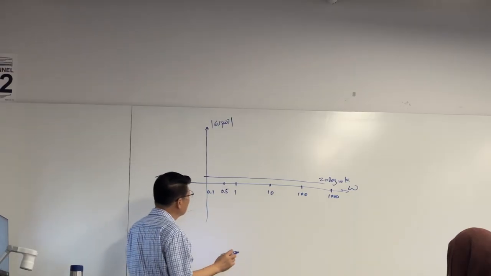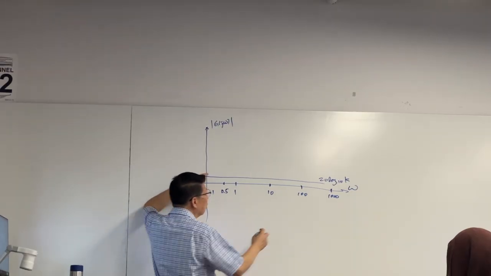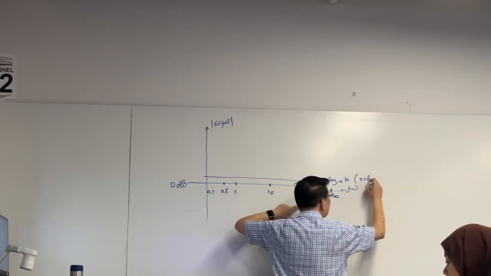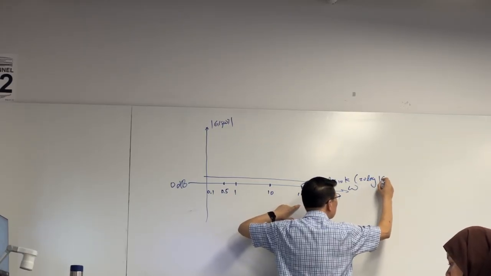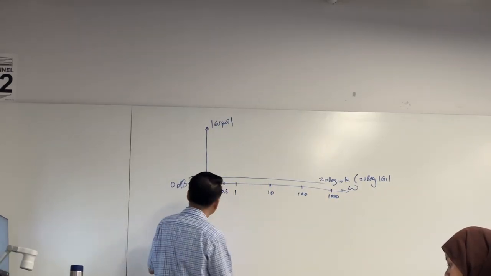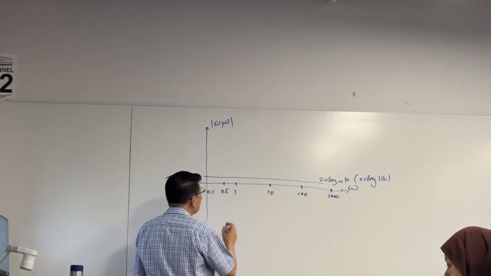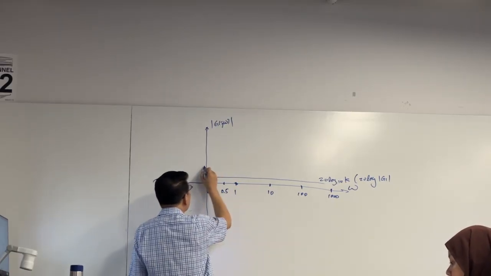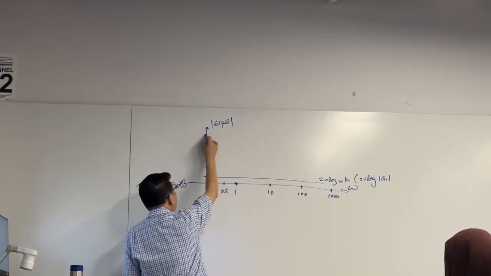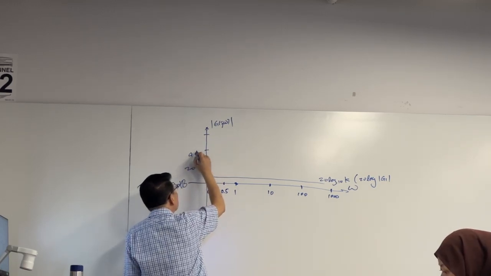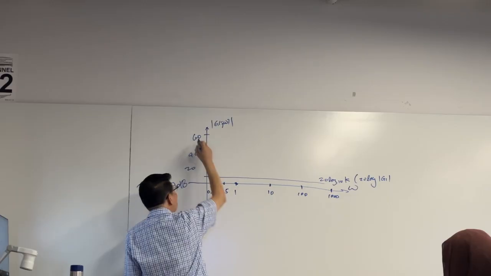So once we have this, we can say that this is 20 log G1, in my way. I call this G1. And then the second one is passing 0 dB at this point. And then we have 20, 40, and 60. 20 decibel, 40 decibel, and this is 60 decibel.